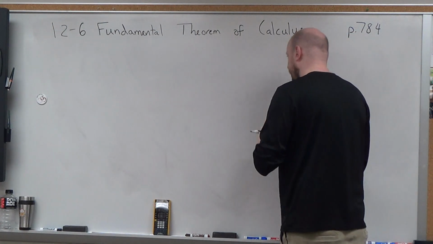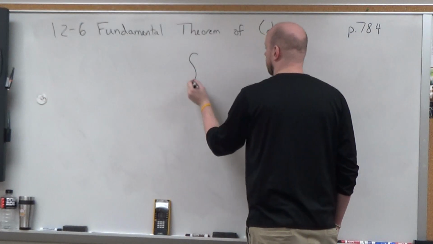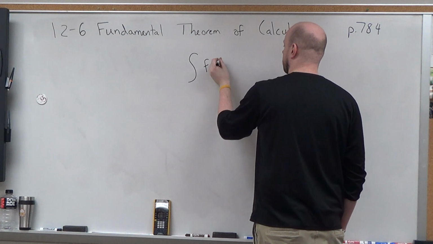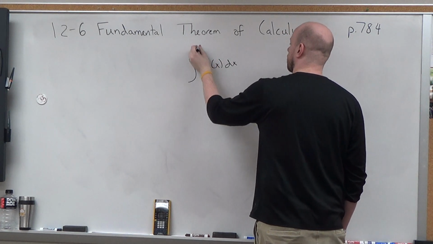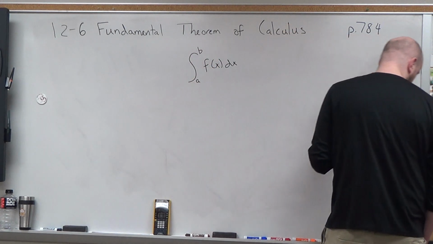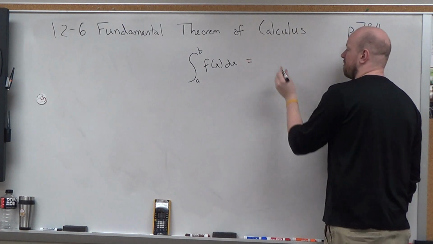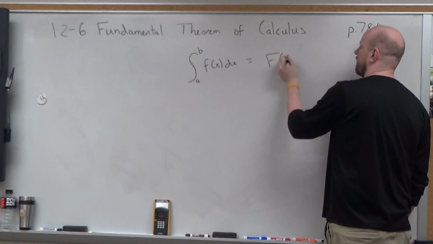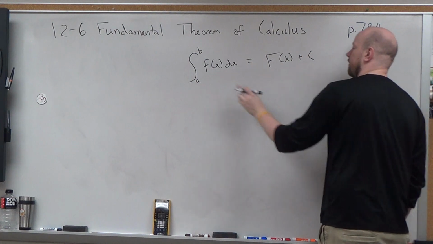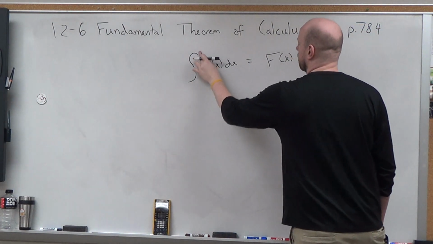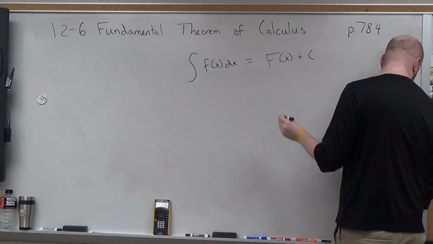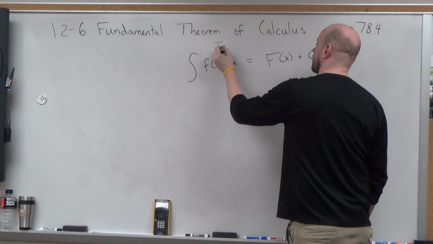An integral, if I have f of x dx from a to b, that's the exact same thing as the antiderivative of x plus c. Oh, if I don't have these, this would be what's called an indefinite integral.